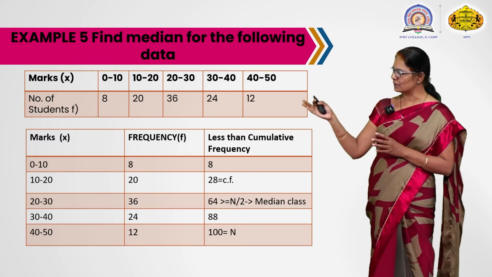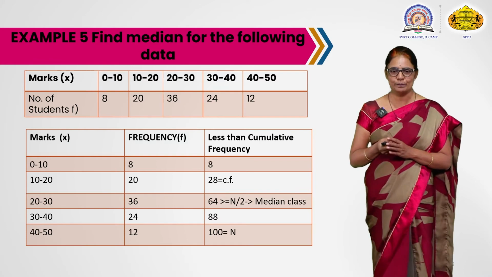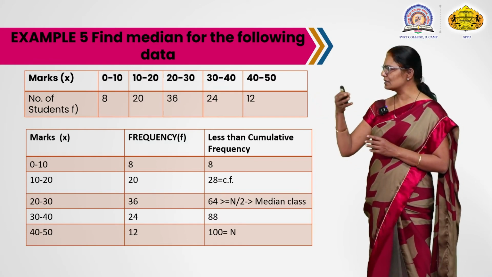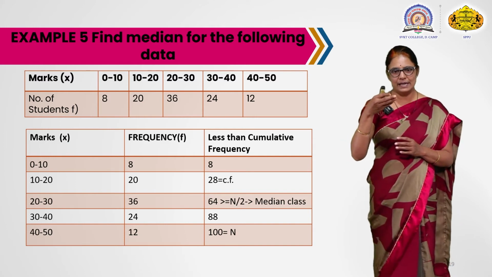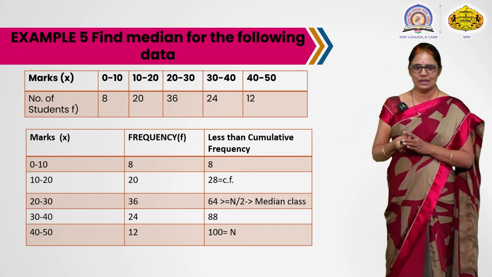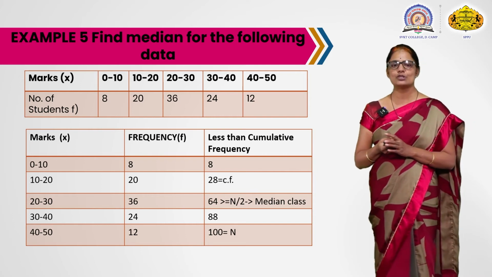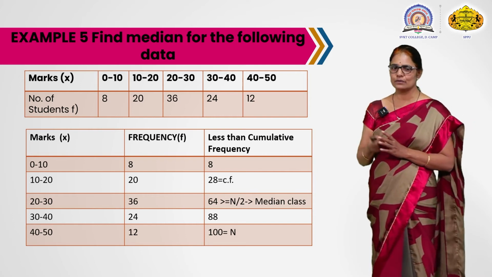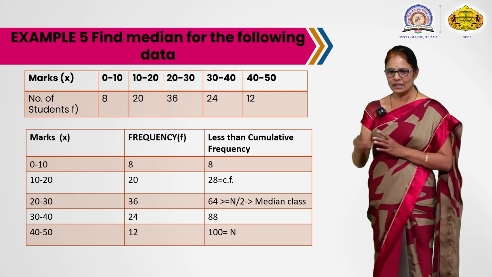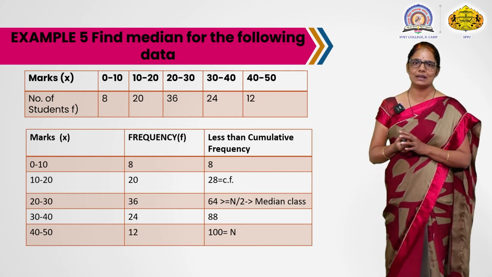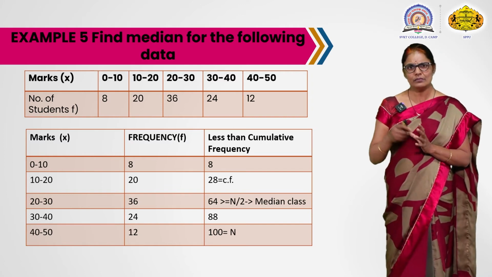So I write the first number 8 as it is in the first row. The next number is the addition of 8 plus 20, that is, the addition of the first two frequencies. The next number is the addition of the first three frequencies, that is 8 plus 20 plus 36, which is 64 here, and we continue in this way. The last number is 100 here, that is, the total frequency capital N equals 100.